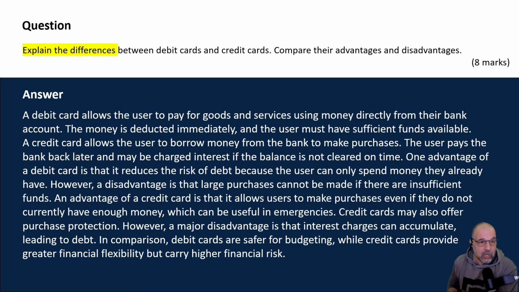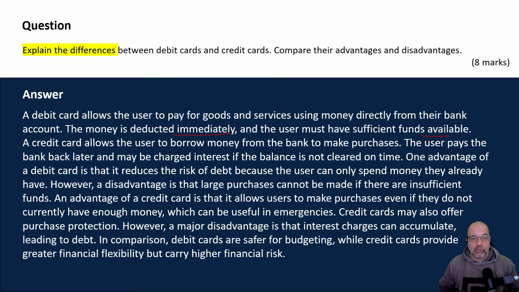So it says here, a debit card allows the user to pay for goods and services using money directly from their bank account. The money is deducted immediately. Okay, so when you're using a debit card and you make a payment, that money is deducted immediately, and the user must have sufficient funds available. Now, it says deducted immediately. It doesn't mean that the money leaves your account immediately. Generally, what would happen is that the amount is blocked.